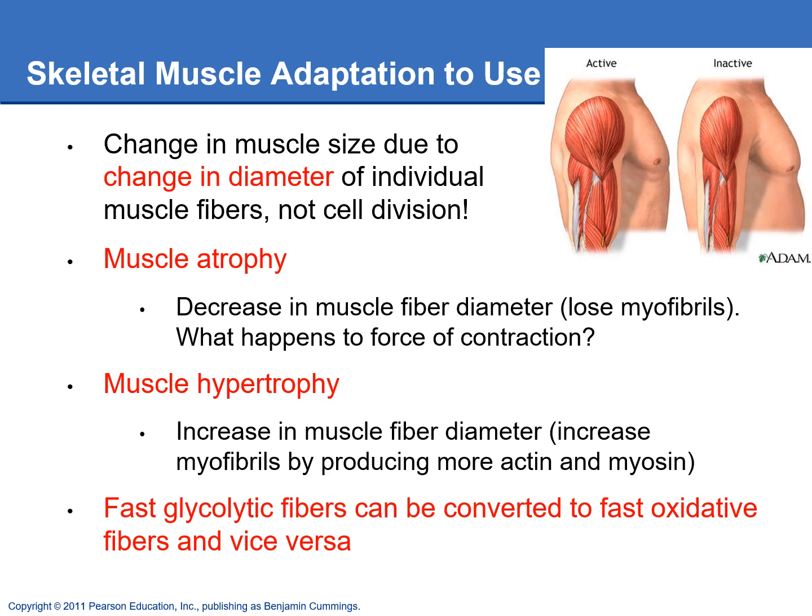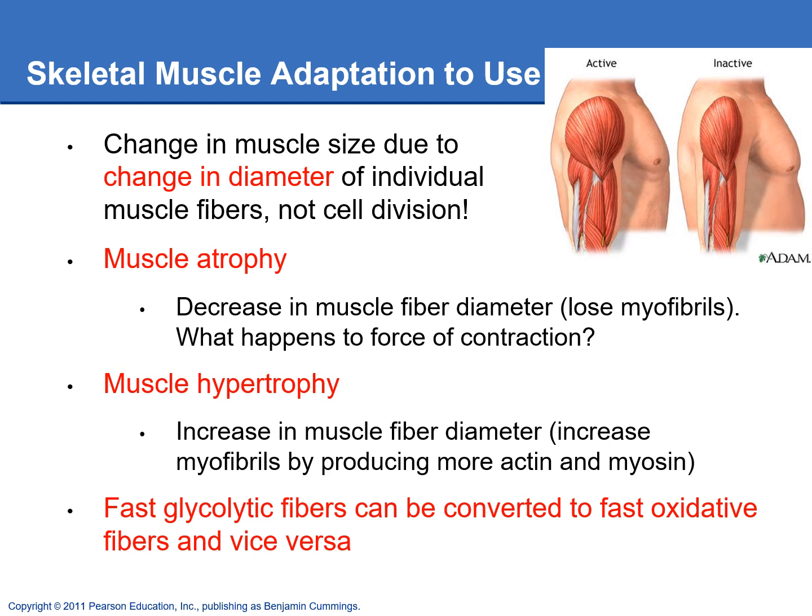Hyper meaning an increase, and trophy is talking about growth. And as you work out and you're using the muscle more, your muscles will actually make more actin and myosin, and that will increase the diameter of the muscle fiber. And so that will increase the amount of force that's generated by the muscle cell.